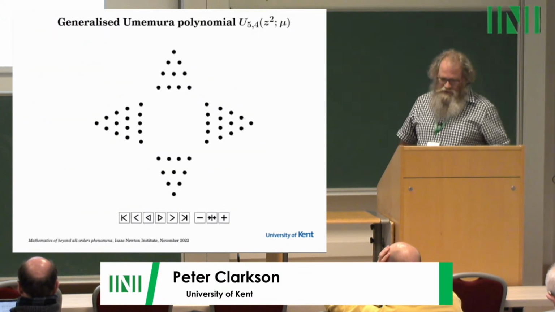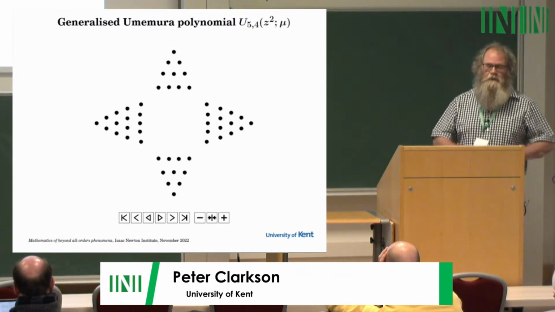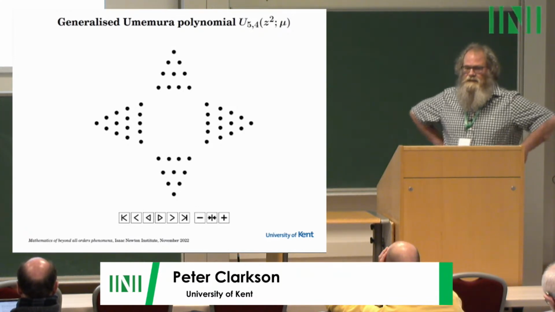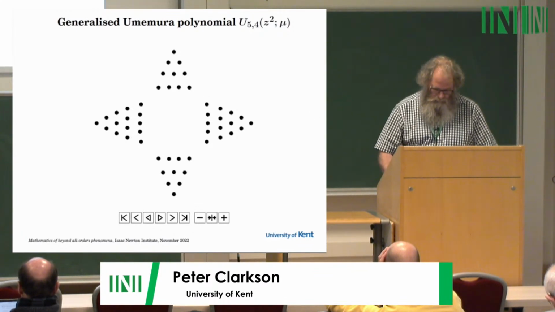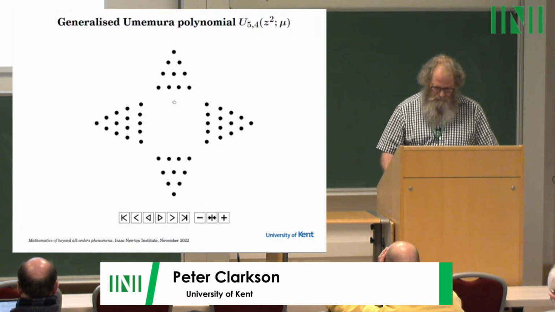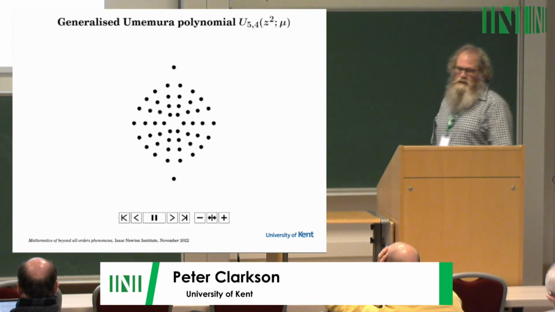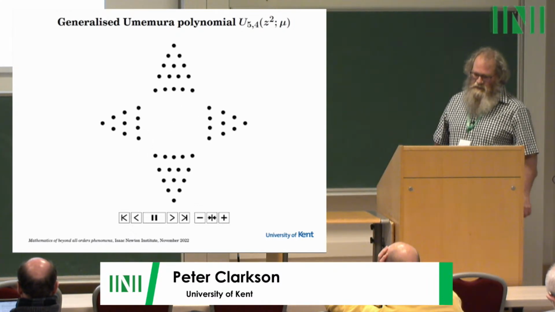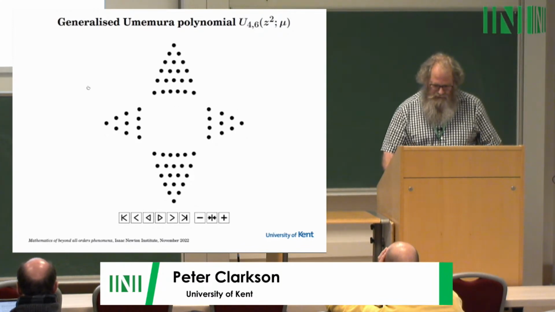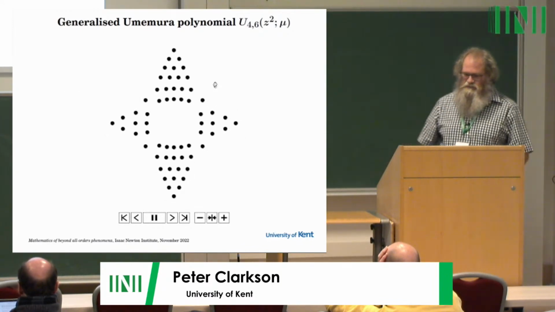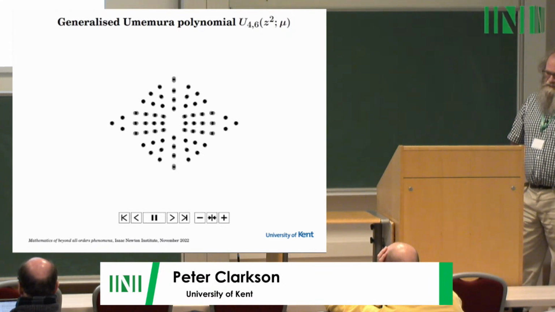So now, if you take the Umemura polynomial U_{5,4}, and again I let z be replaced by z squared, you see different triangles, and then they go in and out just where the discriminant is 0, and the triangles come back again. Same for a different choice of the numbers, and these relate to where you start and end points actually are in this sequence.